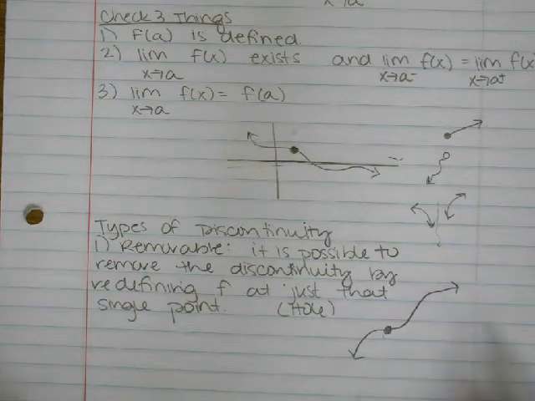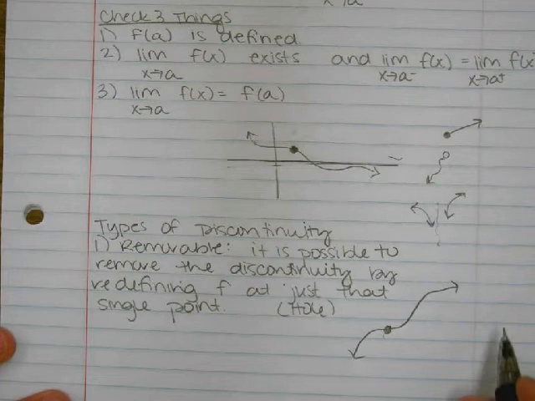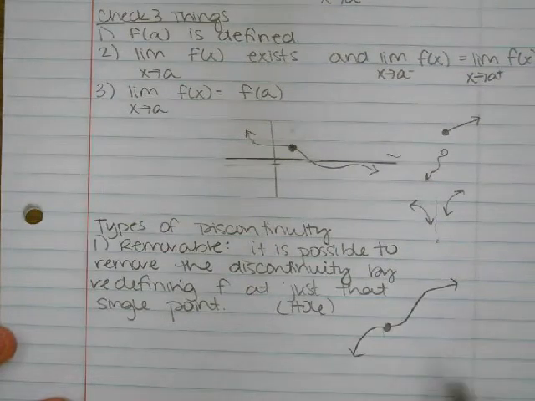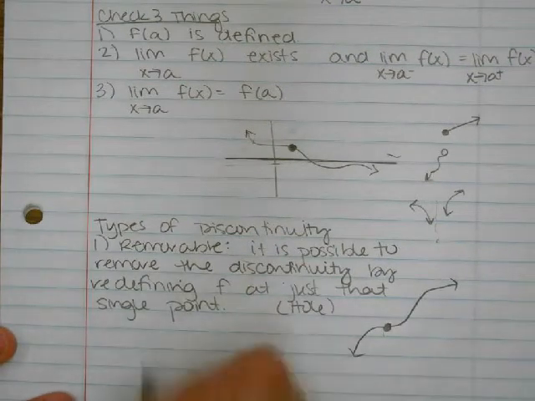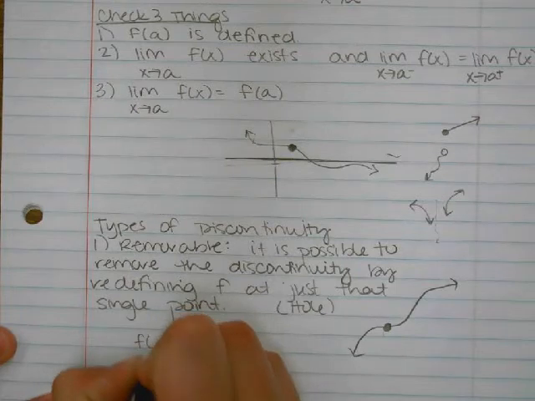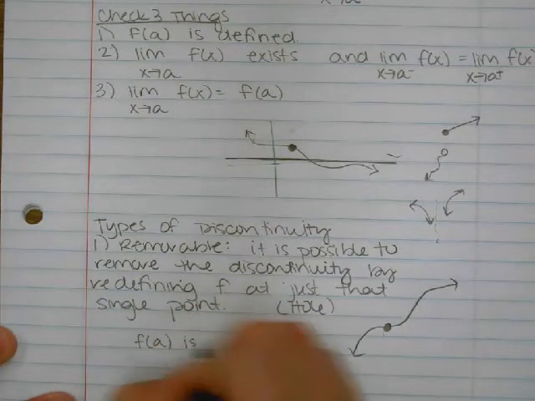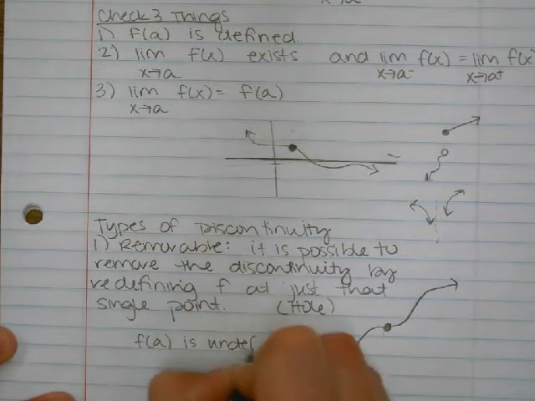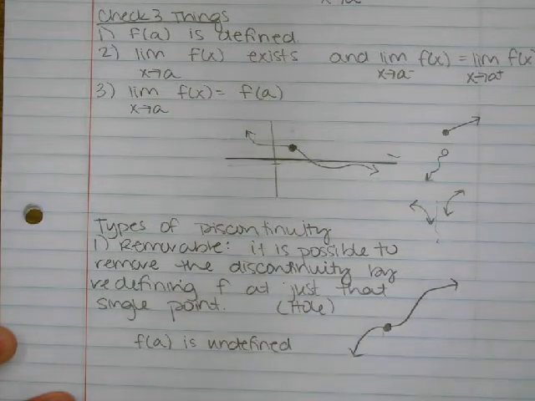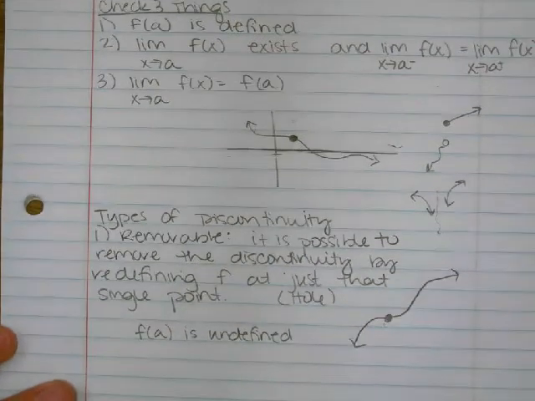And then that would force that to be continuous. So that is one type of discontinuity. The reason behind this discontinuity, we might say, is that f of a at this point is probably undefined. That's what happens at a hole.